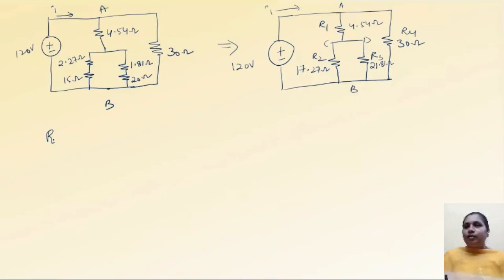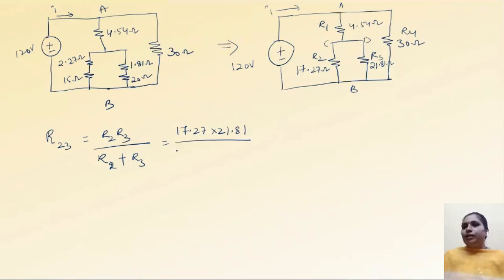So the parallel combination of R2 and R3 is R2 R3 divided by R2 plus R3. That is 17.27 into 21.81 divided by 17.27 plus 21.81. So what is this value?